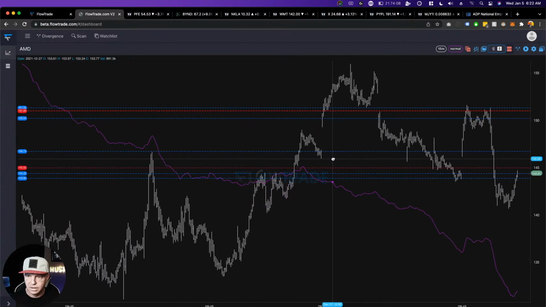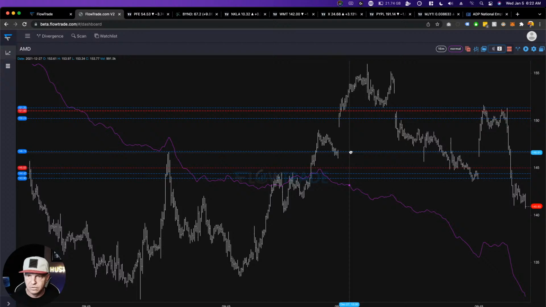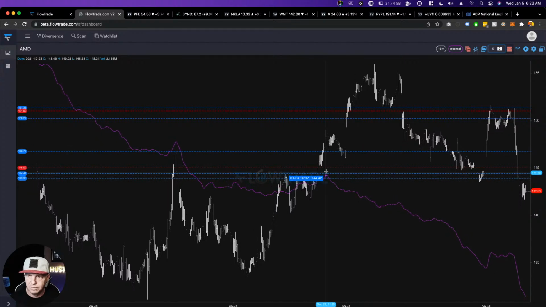So what we want to do is find that divergence. And if we had played the downside divergence on AMD, where it began diverging here, we knew that they were selling out. We would have waited for a reversal point here and bought puts, and boom, that divergence traded out. See how it diverged at this point here?